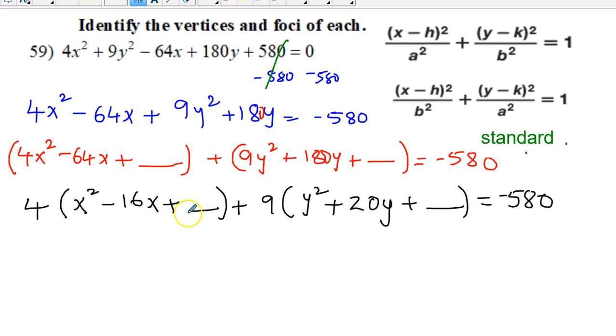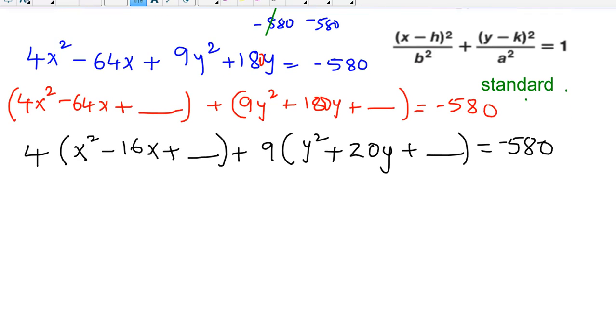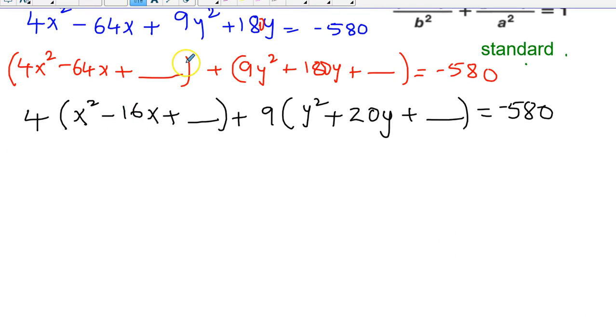Okay, now we have to come up with a number here. On writing that number, these 3 terms will change into a perfect square trinomial. Then you can write it in x minus h whole square form. So what is that number? We know this is the coefficient of x, that is negative 16, divided by 2 gives you negative 8, and that negative 8 on squaring gives you how much? 8 times 8 is 64 with a positive sign.